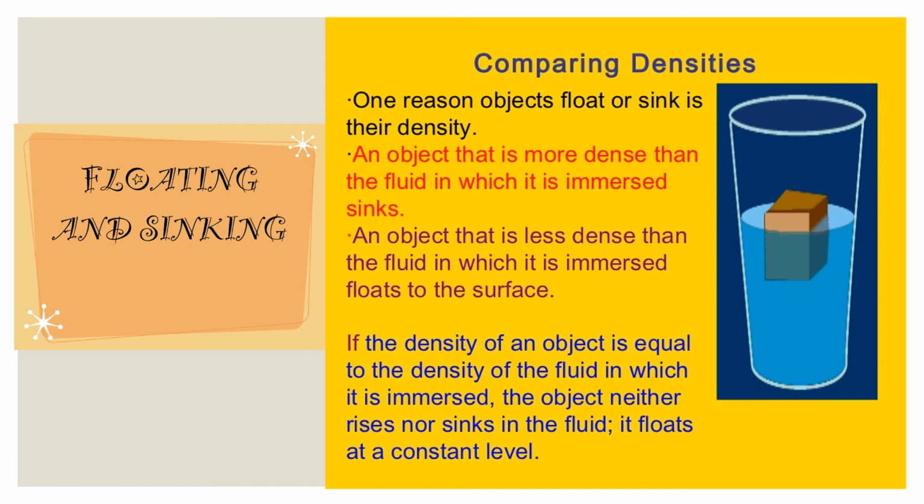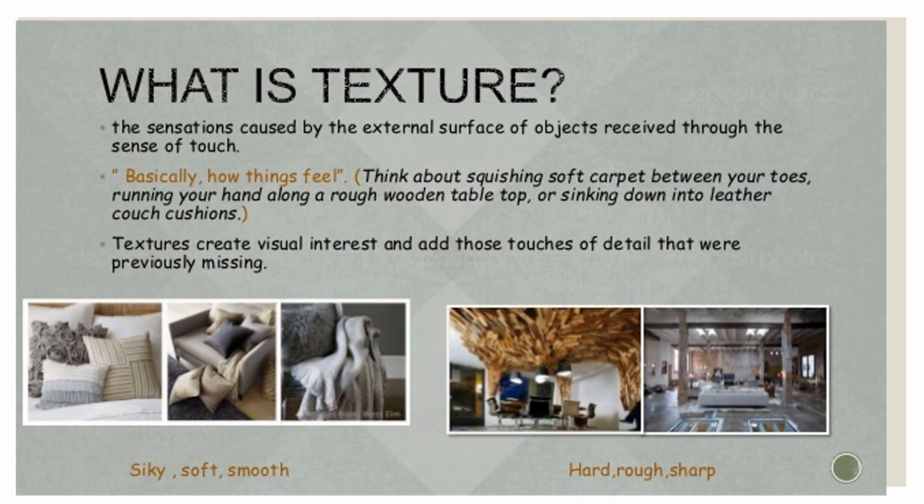Next we will discuss texture. So what is texture? Basically how things feel when we touch them. The sensation caused by the external surface of an object is received through the sense of touch.